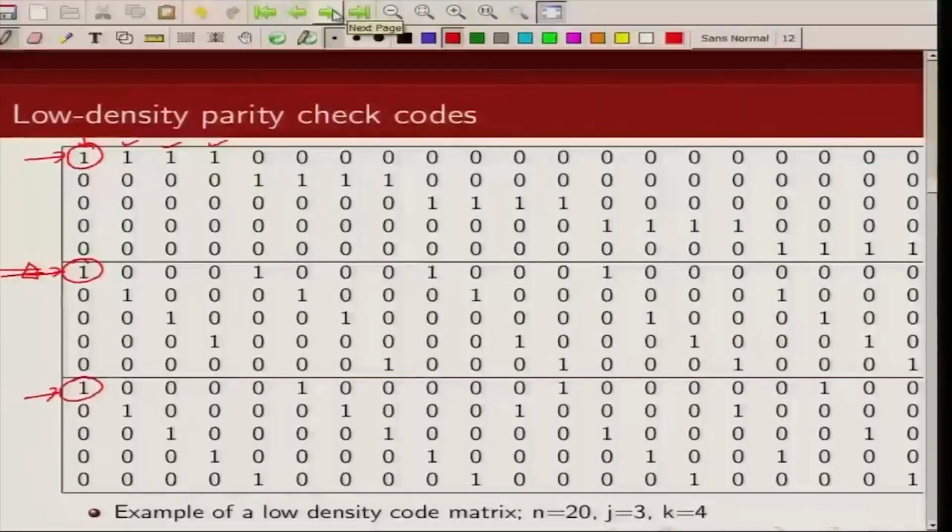Again, pay attention to this parity check matrix. Let us label the columns 1, 2, 3, 4, 5, 6, 7, so that it will be easier for us to refer to them.